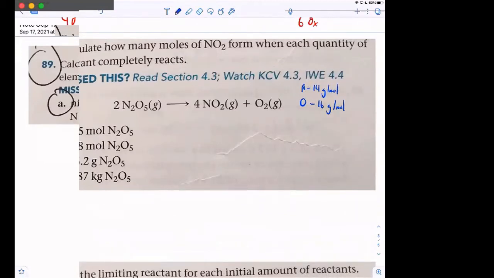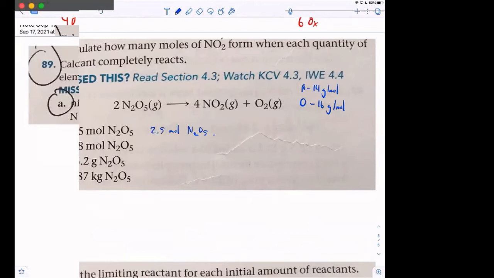So starting with 2.5 moles of dinitrogen pentaoxide. So do dimensional analysis, 2.5 moles N2O5 or dinitrogen pentoxide. And then next thing we want NO2. Oh, no, that's not, I'm sorry, not nitrite, it's nitrogen dioxide.